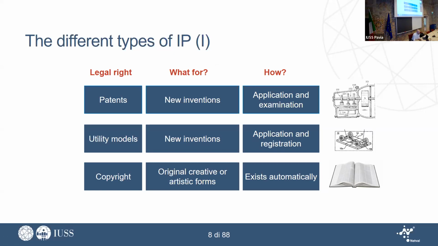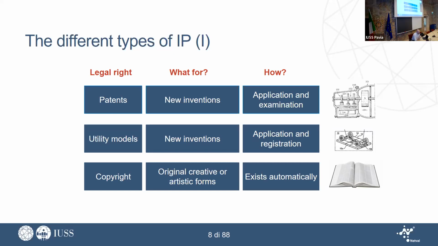Patents are granted for technical inventions. The applications for patents are examined by the patent office, and they are filed in order to determine whether they meet the requirements for a patent to be granted. The patents generally last for a maximum of 20 years from the date of filing, and they're the most famous form of IP protection.